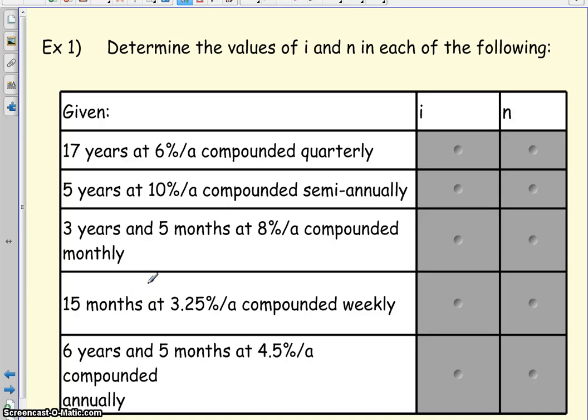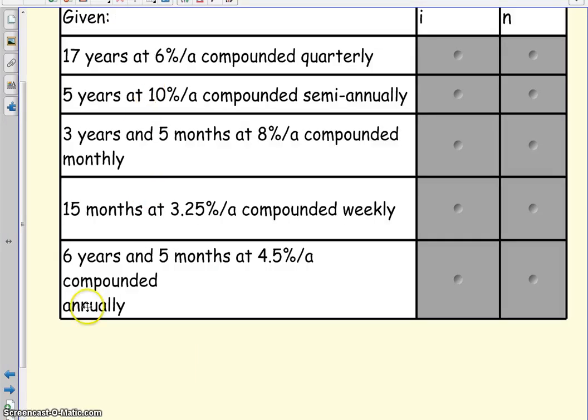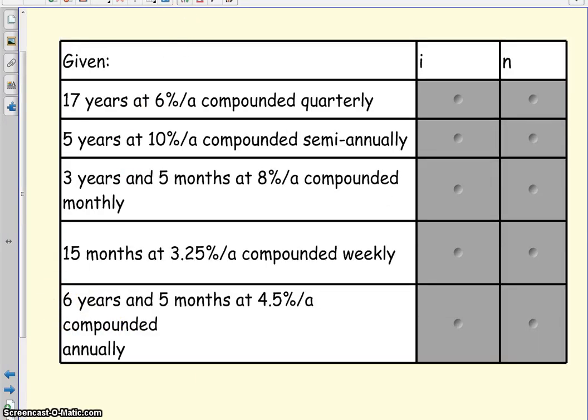So in these situations, I just want to look at what the values of I and N will be. Okay, so I'll do the first few with you together. So in the first case, it's a 17-year investment, and it's 6% per year compounded quarterly. So quarterly will mean 4 times per year.